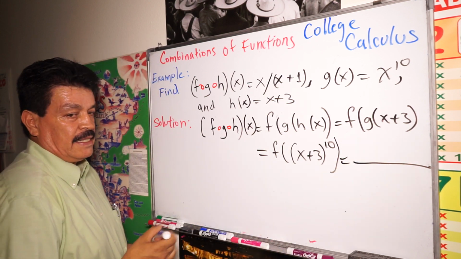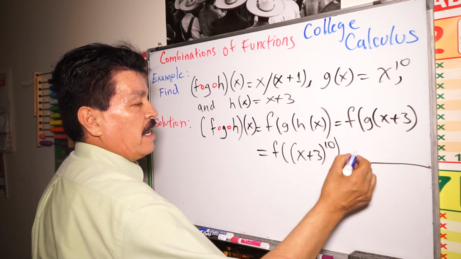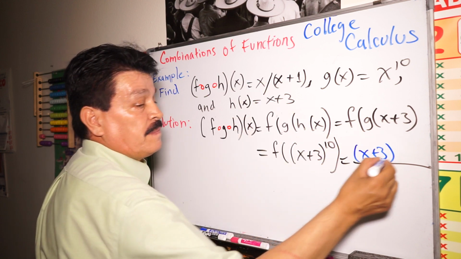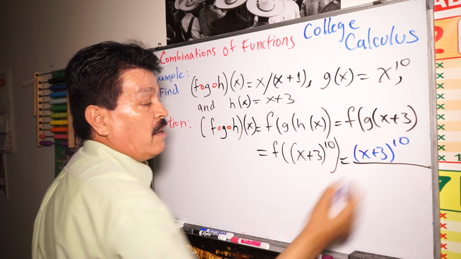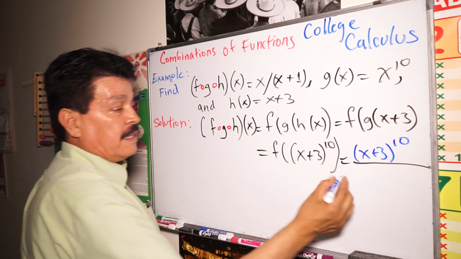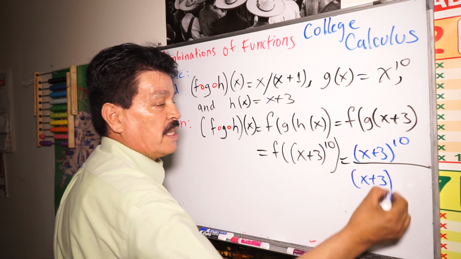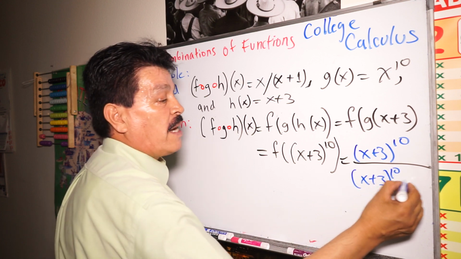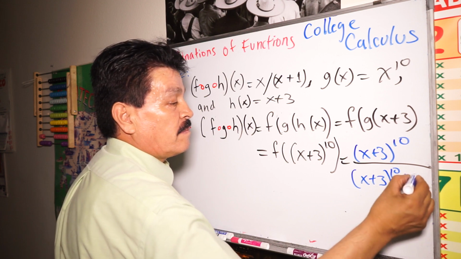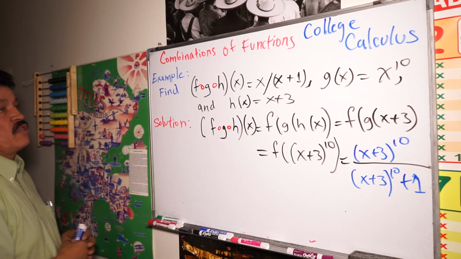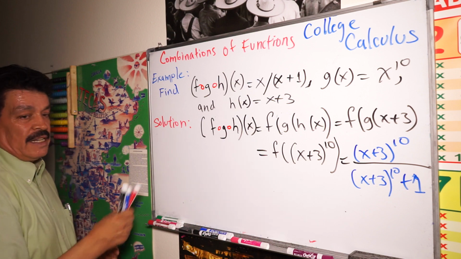Very easy. So this is x plus 3 to the 10th power over x plus 3 to the 10th power plus 1. This is the solution of this composition of functions, the second example.